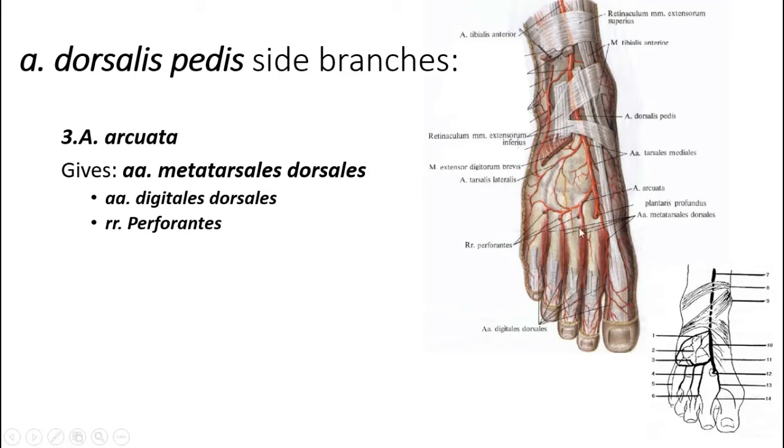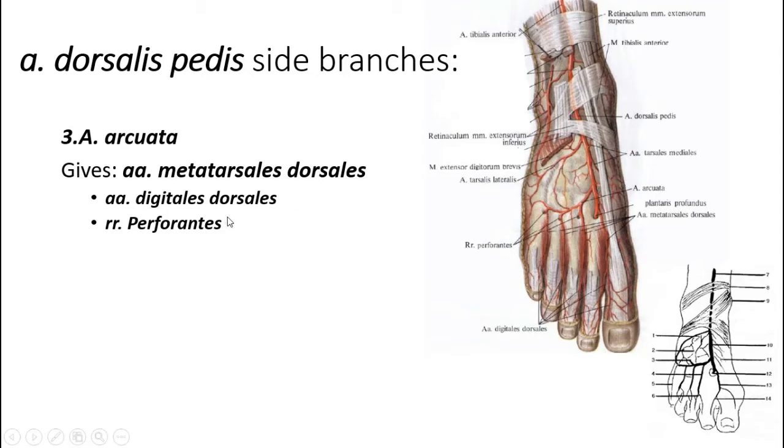Then the terminal ends of each artery split into 2 arteriae digitales dorsales. For example, the arteria metatarsalis dorsalis here splits into 1 and 2 digital dorsal arteries that will supply the nearest toes. So in general we have 6 arteriae digitales dorsales.